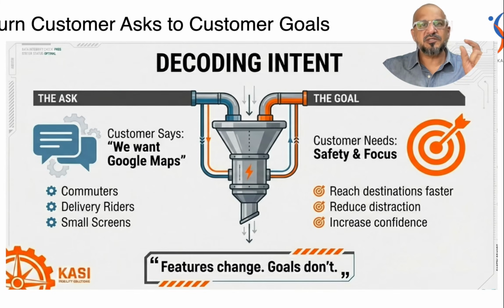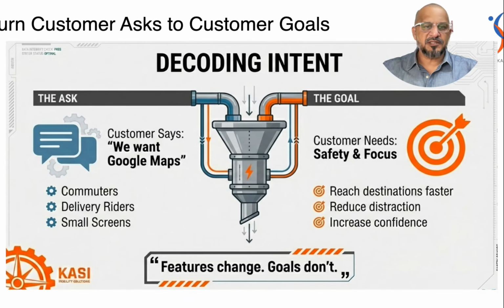So with a small change, you can still achieve the customer goal versus jumping onto the first thing the customer said and starting to build it. Okay. So be very careful of this trap. Many people fall for this and end up wasting a lot of company money building the wrong thing in the product.